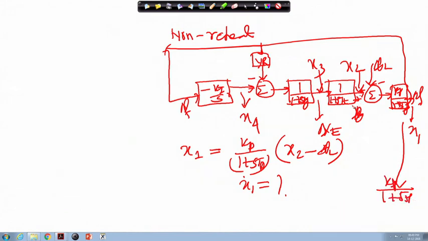Similarly for x2, I am writing it here: x2 is equal to x3 divided by 1 plus sTt. From here you find out x2 dot, right.